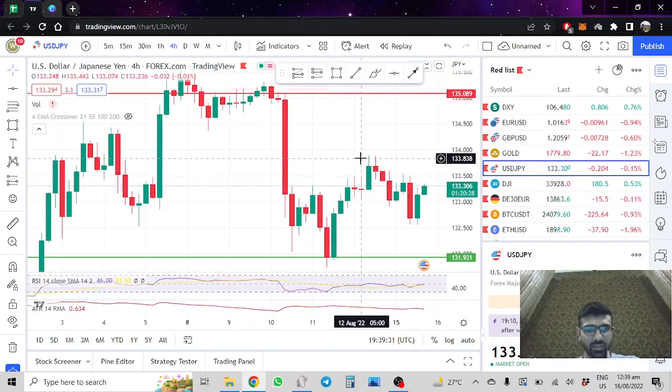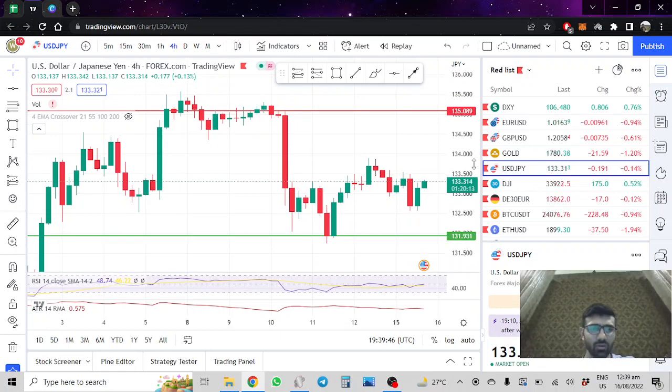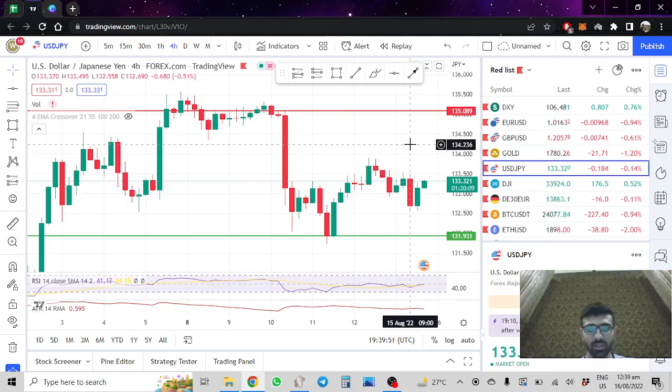But these huge candles are usually because of news and CPI, where technical analysis does not really play a role. Sometimes it does and sometimes it does not. We try our level best to manage our risk accordingly.